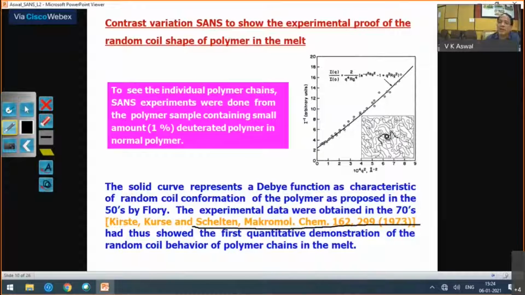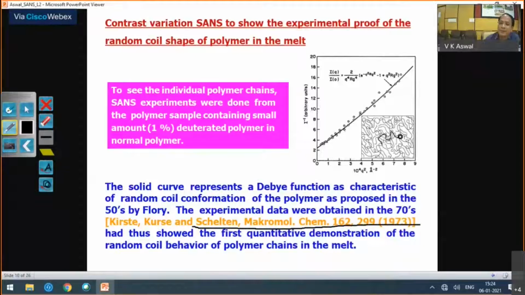And then if you do the neutron scattering, you will have a strong contrast for this hydrogenous polymer, which is in a small amount. And then you can see exactly what the conformation of this polymer is. It is like this. If you go to a school where you have hundreds of kids wearing the same uniform, and you want to search for a particular kid, it's very difficult because they will look similar.